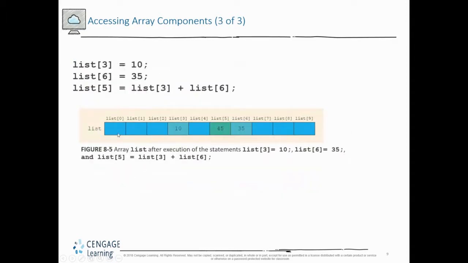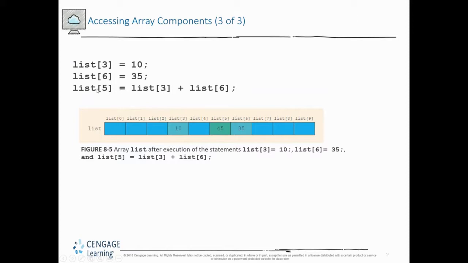All right. So then they're saying list[3] is 10, another example. list[6] is 35. And now they're saying list[5] = list[3] + list[6]. You can also do that. Again, they had a couple statements about how you have to be careful how you're manipulating the data in arrays. And I mentioned you can't switch from one array to another unless you have the values within it.